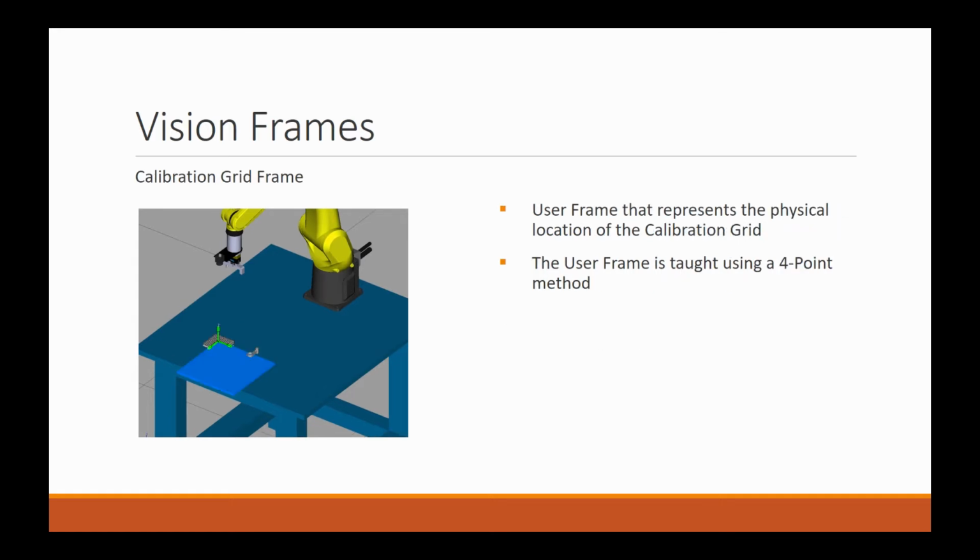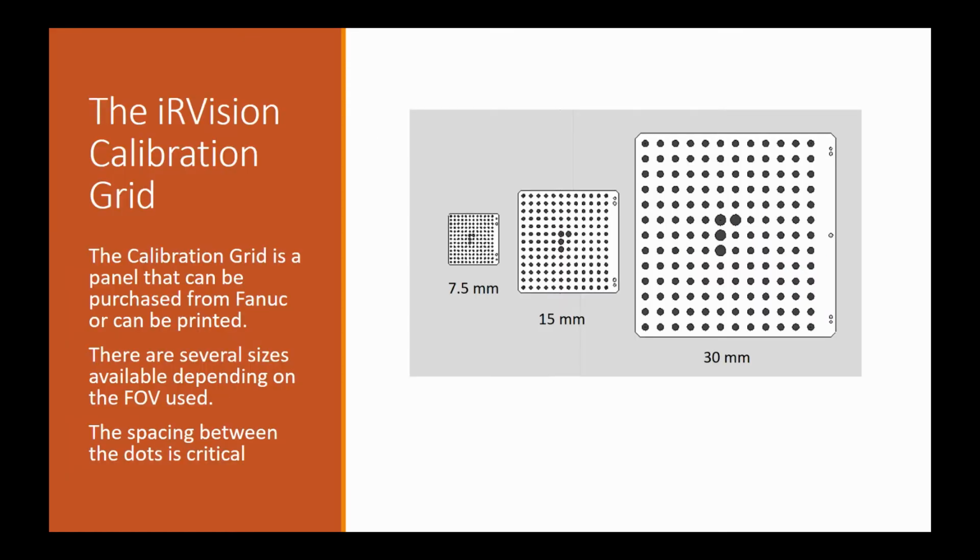The final frame we'll discuss for IR vision is the calibration grid frame. This is a user frame that is set up at the origin of the calibration grid and aligned with the calibration grid's X and Y axes. It is best to teach this frame using the 4-point method. The calibration grid is a specific dot pattern that the IR vision can recognize and use to determine the pixel size to distance relationship.